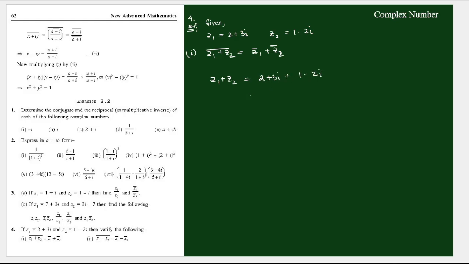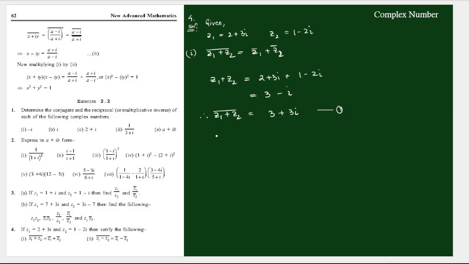So 2 plus 1 is 3, 3 minus 2 is i. So therefore the conjugate of Z1 plus Z2 is 3 minus i. So we have got this one left inside. Okay, say this is your number 1.